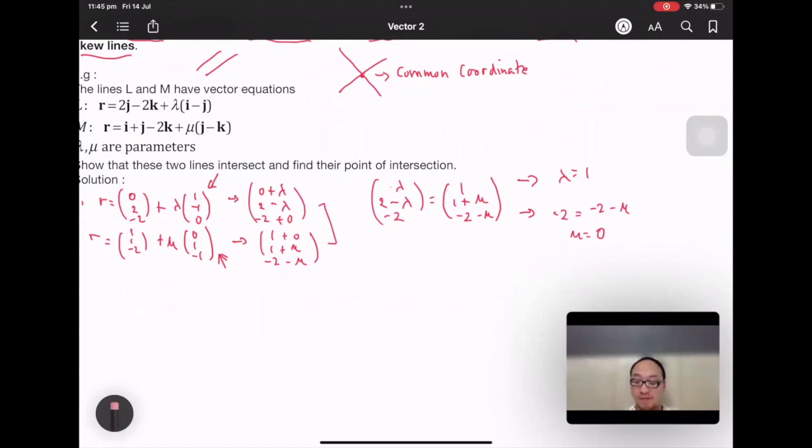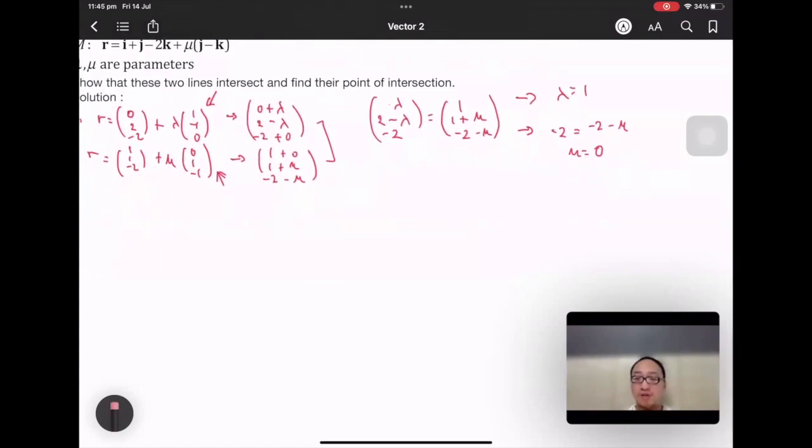Now, to know the intersection point, we have to check these two values in the second row. So it's 2 minus 1, and mu is 0, so it's 1 plus 0.